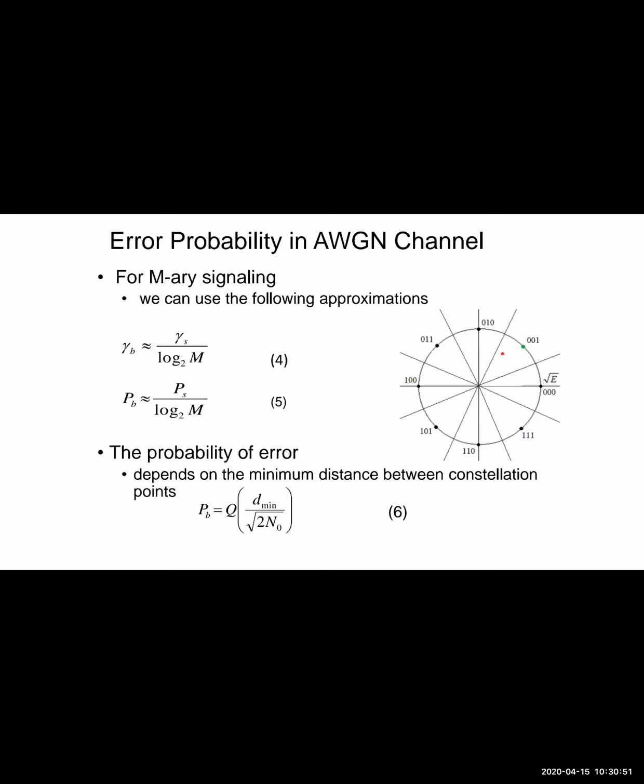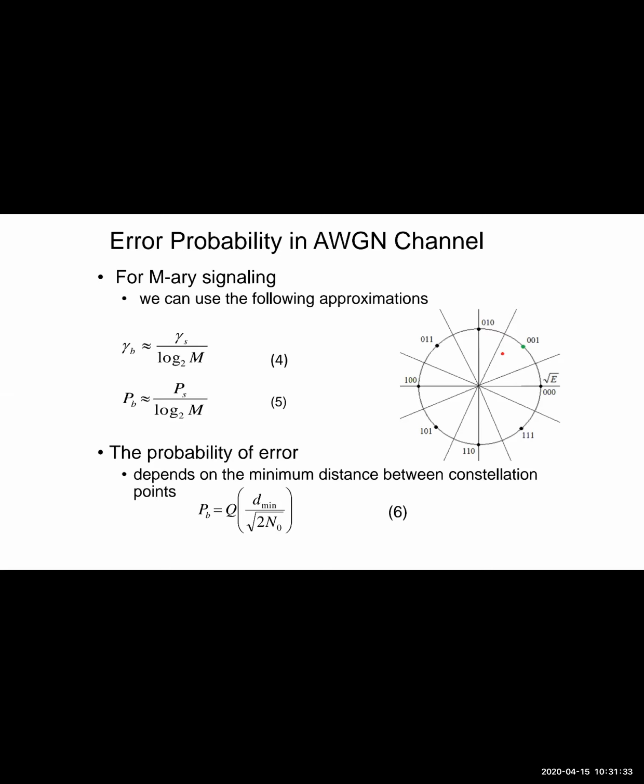Okay, so now when we say analytical, it means that we can derive equations. We can derive equations for whatever process we're doing. So we are saying that when it comes to additive white Gaussian noise, and you want to do BER evaluation, then we can do the analytical method. The analytical method we can do using the constellation diagram. So here, equation 6 is giving you the probability of bit error.